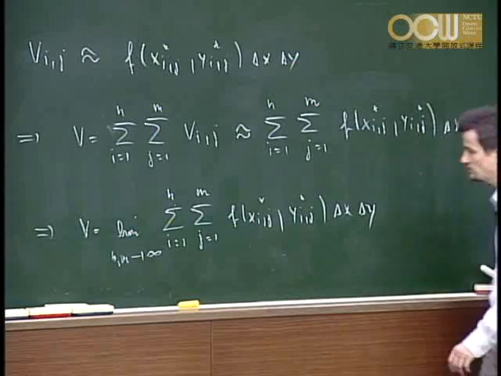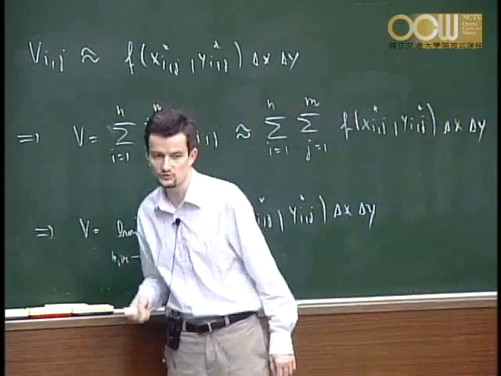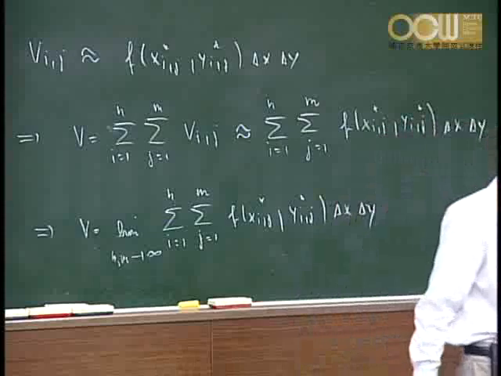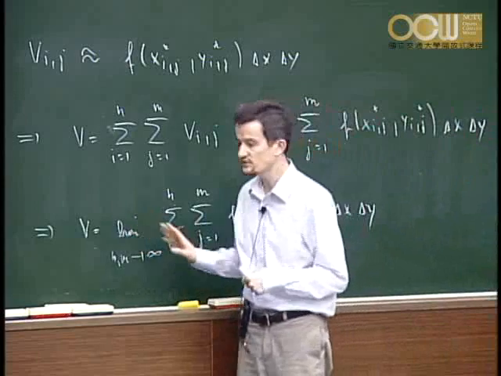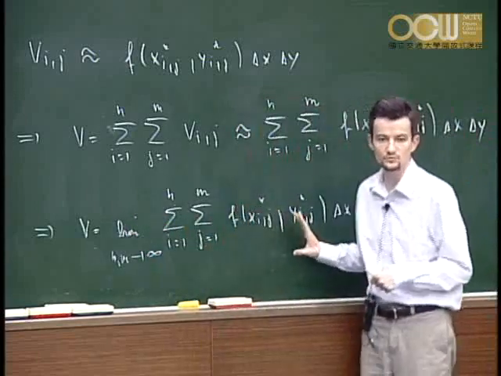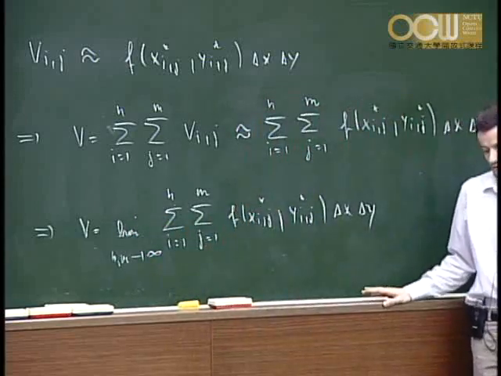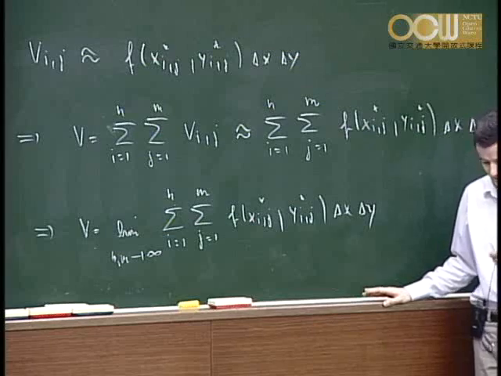Now, the reason why I say this should give you the volume is that we have already defined the volume for quite a lot of solids. Last semester, we used the method of cross sections and so on in order to compute the volume of certain solids. Now, this gives you a different method to compute the same volume.